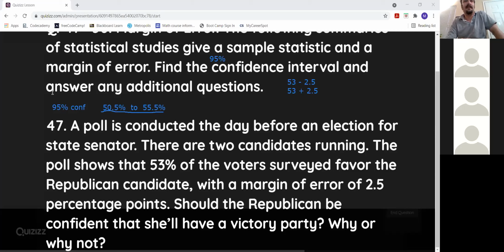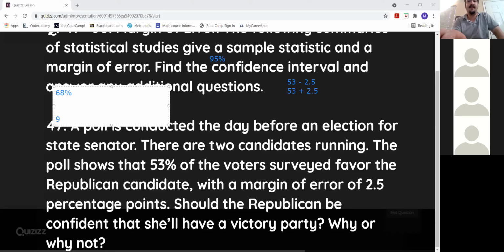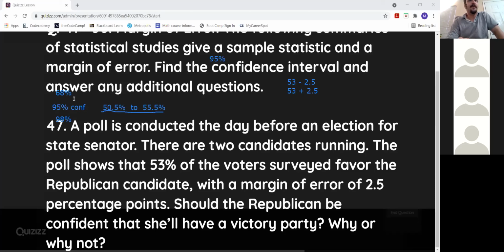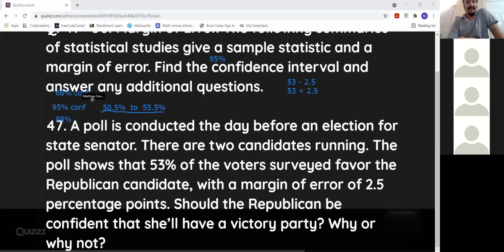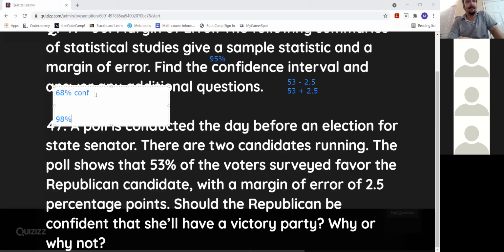And there's a certain trait I'm trying to get at here. If I want to do maybe a 68% confidence interval versus, I don't know, 98. If I want to be less confident, that means I would get a smaller interval. So maybe I'm going 52.5 to 53.5.